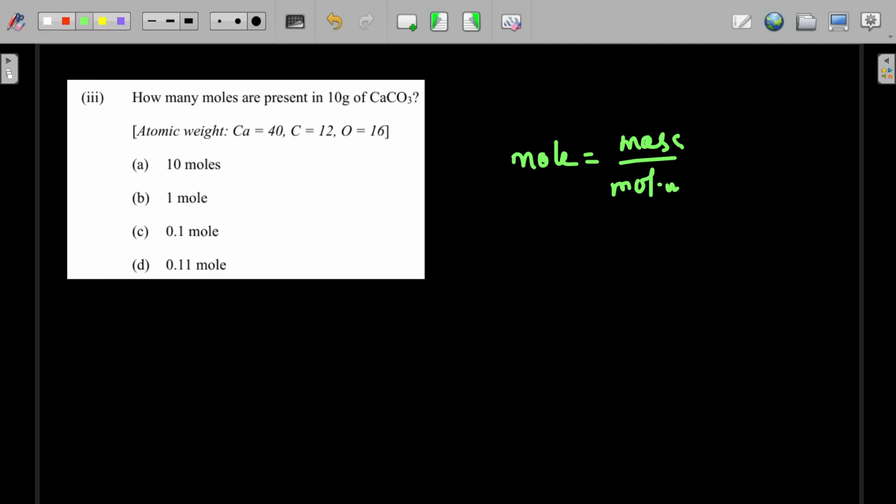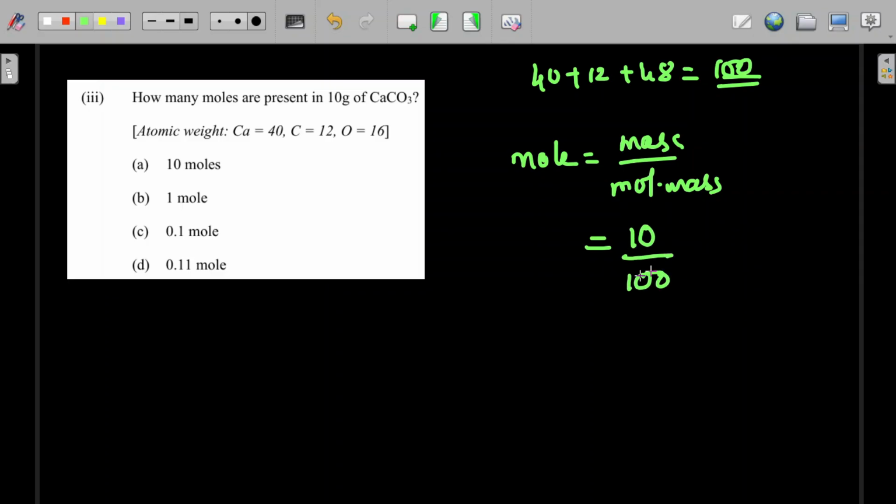So I was calculating the mass, 40 plus 12 plus 16 into 3. 100, no? Mass is 10, molecular mass is 100, correct? 0.1. Yes, sir.